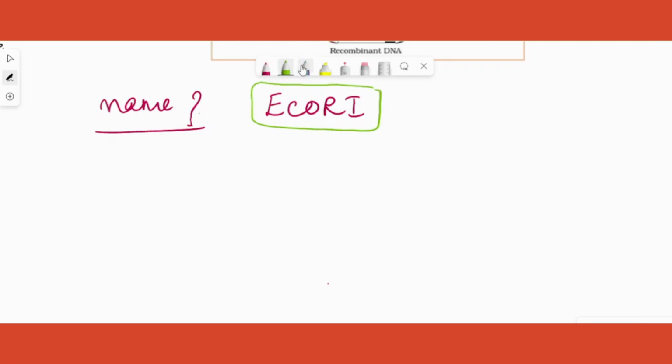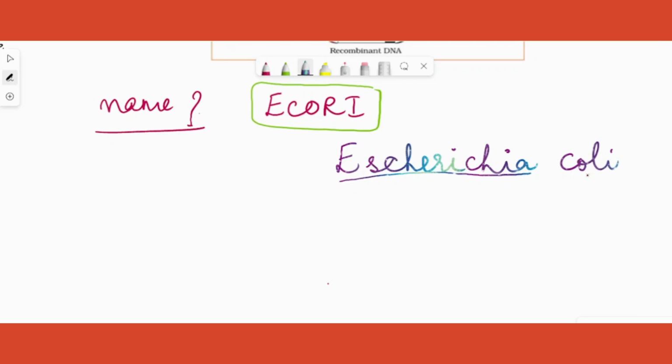From the organism from which it is discovered, the name of the organism was Escherichia coli. You have to learn this, children, because with this example, you are going to explain naming. The scientific name usually has a genus part, which is this, and the species part is here.